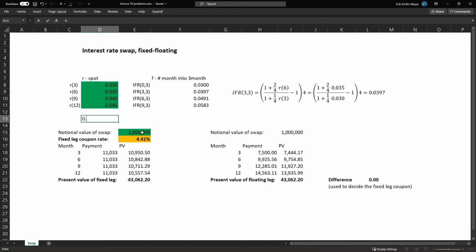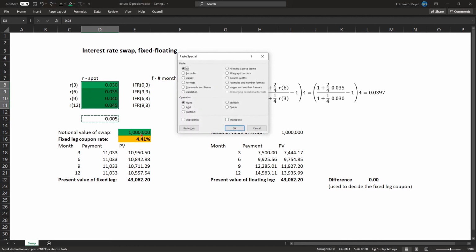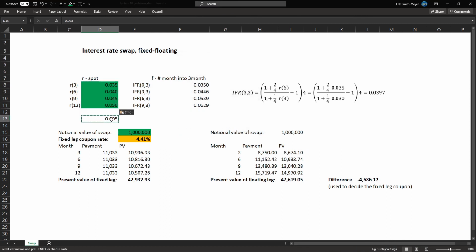In decimals, 50 basis points would be 0.005, which is half a percentage point. If we just add this to the spot rates, which is a very easy way to do it, then we have a parallel shift in the spot rates.